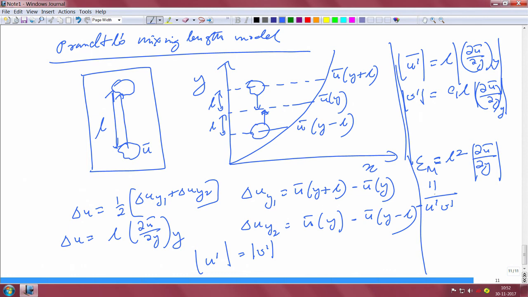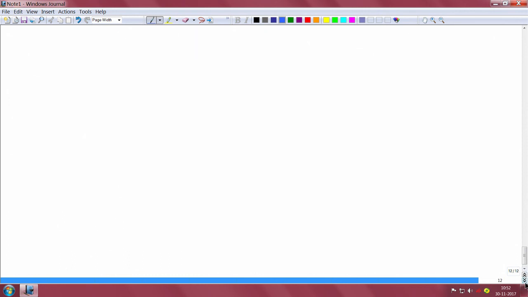Epsilon is like this, let me write this in a proper way. So epsilon m is that, but u prime v prime bar is basically equal to L square du bar by dy square, because it will be squared.